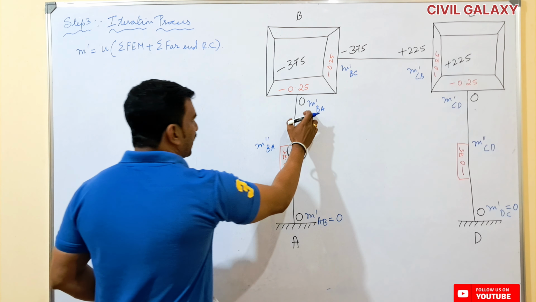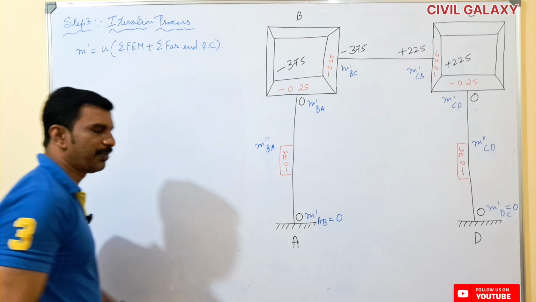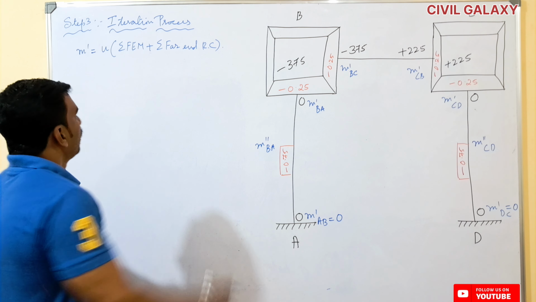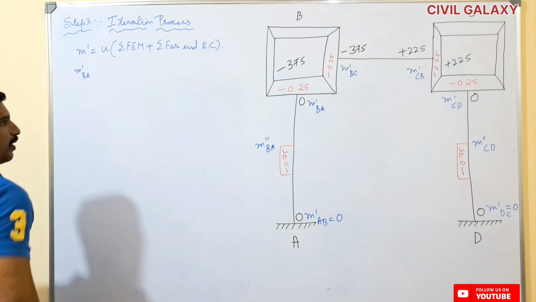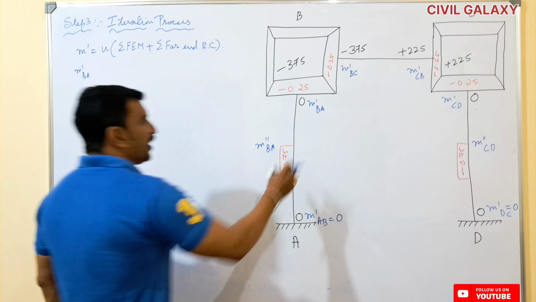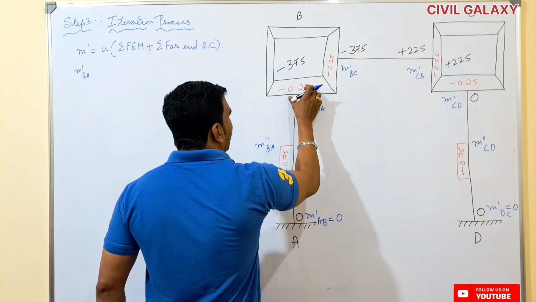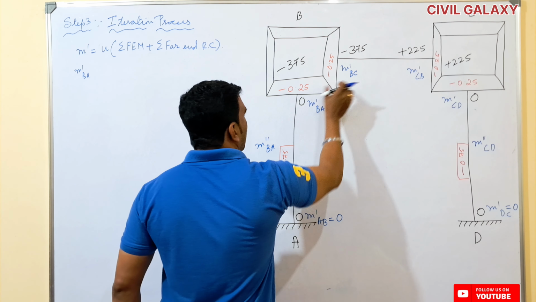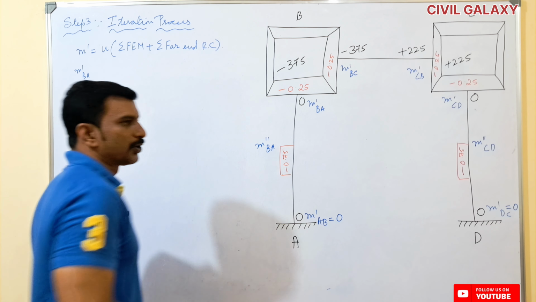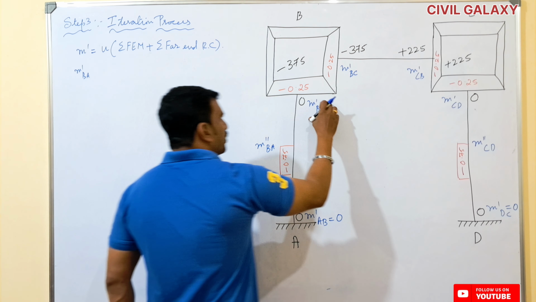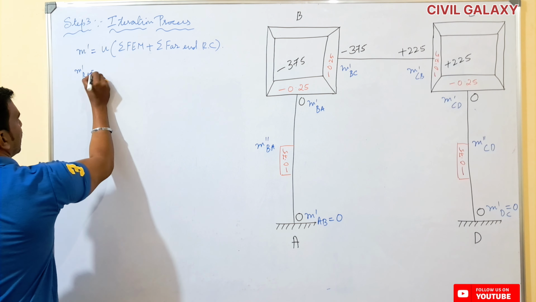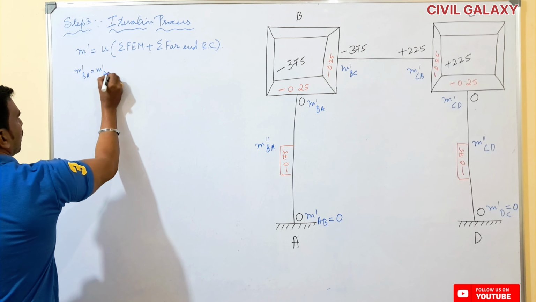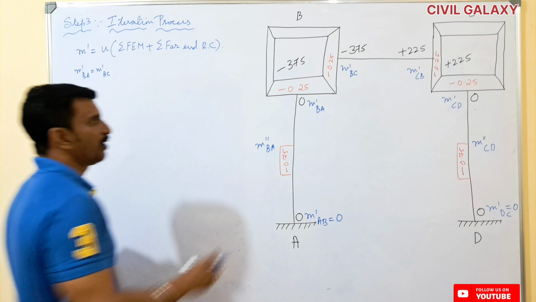Now if we calculate for M dash BA, if we observe over here, the rotation factors for members B to A and B to C are the same. So we can calculate M dash BA and M dash BC at a time because they have the same rotation factors.